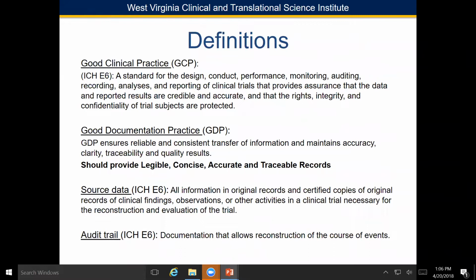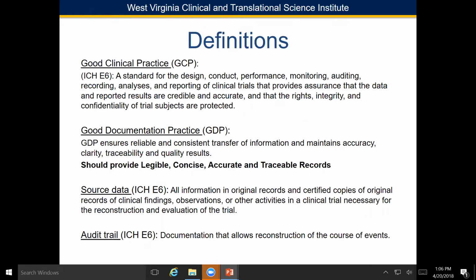Source data, also taken from the ICH document, is all information in original records and certified copies of original records of clinical findings, observations, or other activities in a clinical trial necessary for the reconstruction and evaluation of the trial.